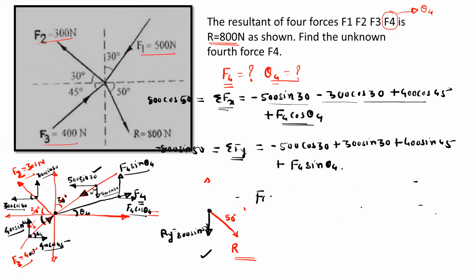So your answer is F4 cos theta 4 is 741, F4 sin theta 4 is minus 612.6655.